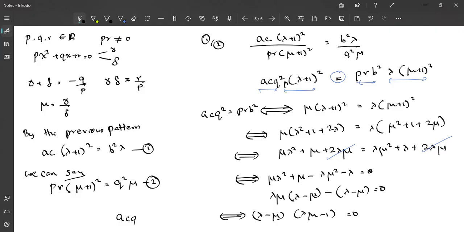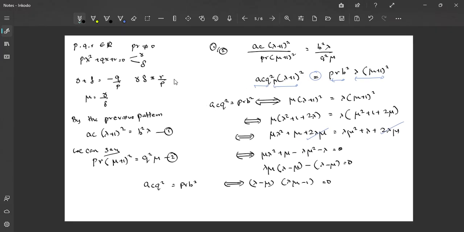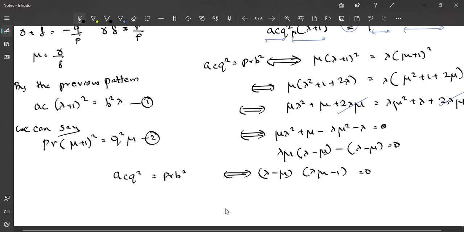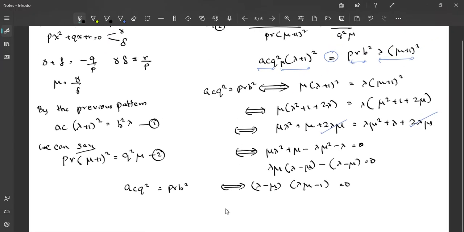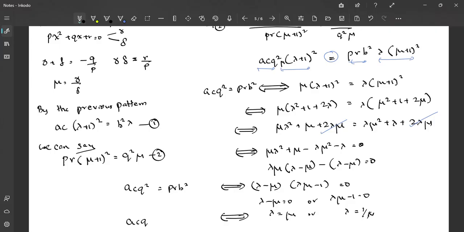Now this holds when ACQ² equals PRB². You can say λ−μ equals 0 or λμ−1 equals 0, so λ equals μ or λ equals 1 over μ. ACQ² equals PRB²; this is what we want.